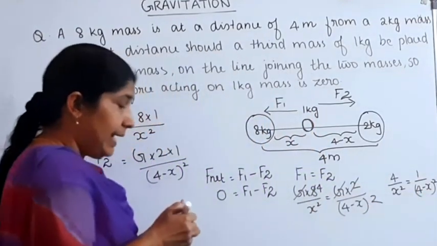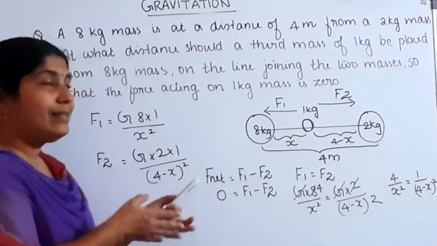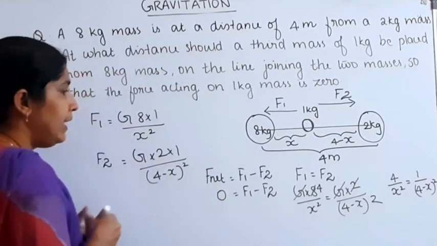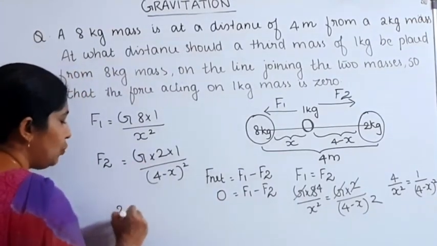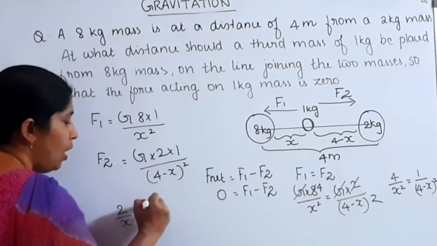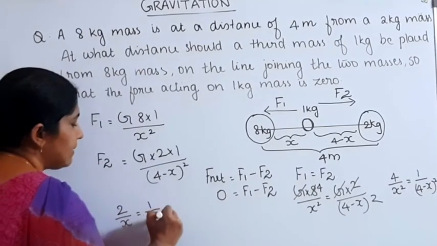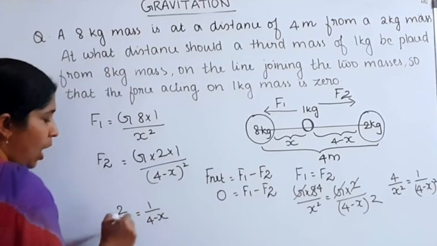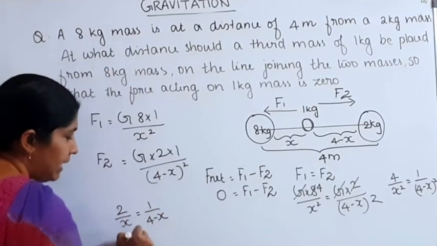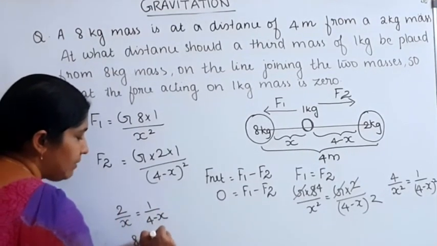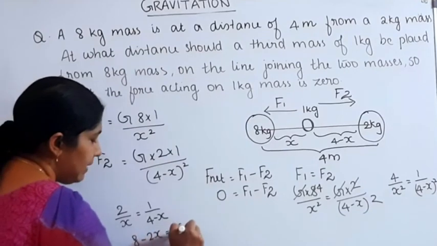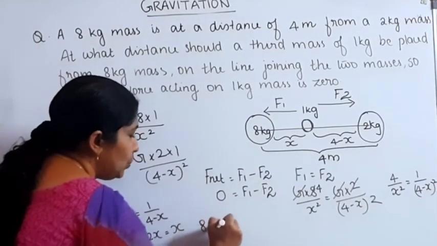Next step: we take the square root on both sides. Then 2 by x is equal to 1 by 4 minus x. On crossing, we can write 8 minus 2x is equal to x. Then 8 is equal to 3x.